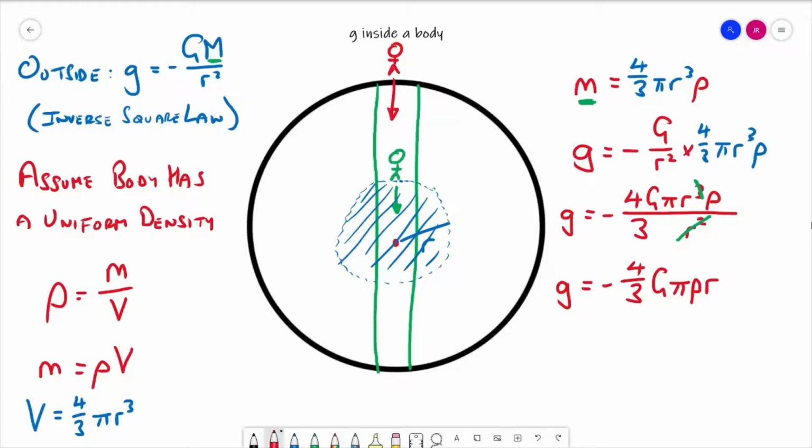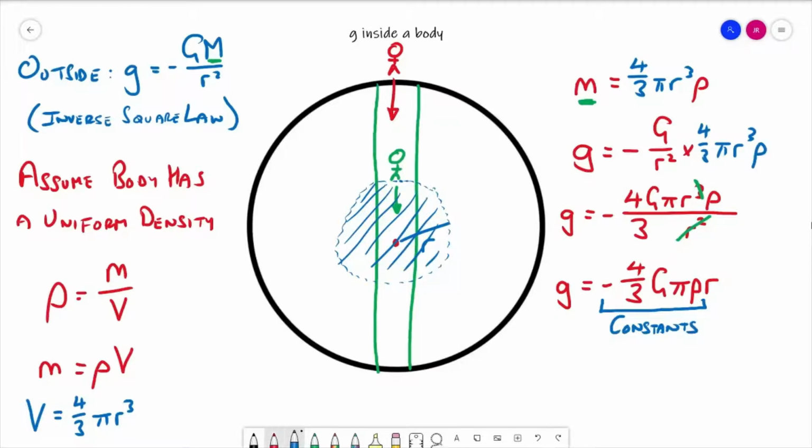Now obviously that's the equation. We need to now gain a little bit of understanding from it. When we look at this equation, everything that we've got here, the minus 4/3 G pi and rho, these are all constants.